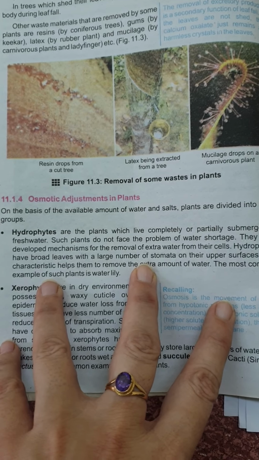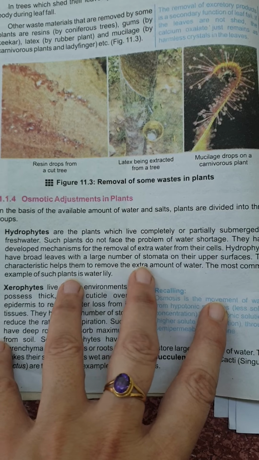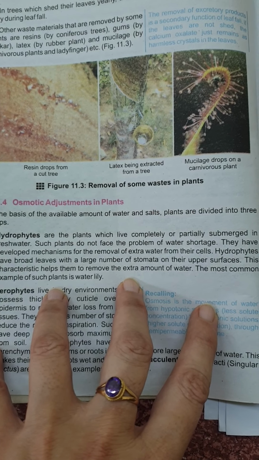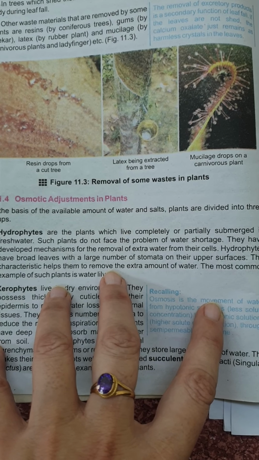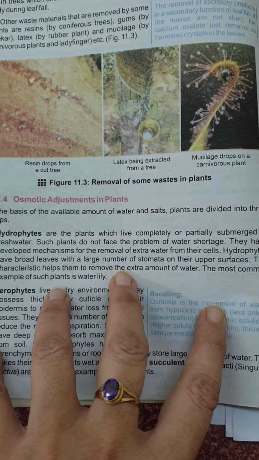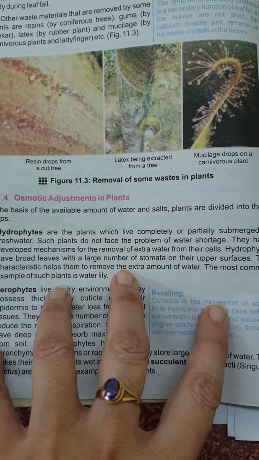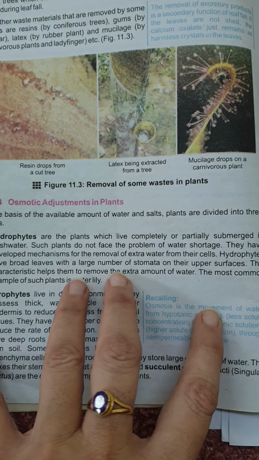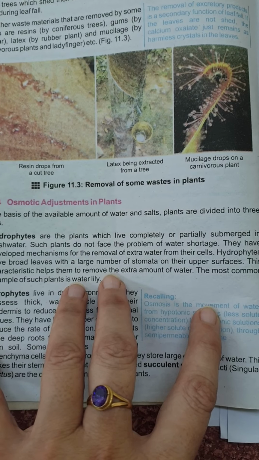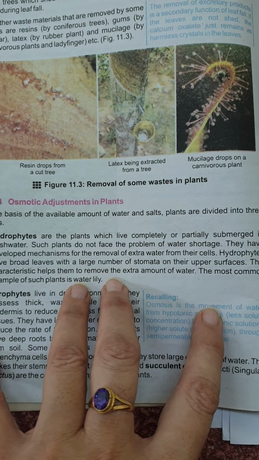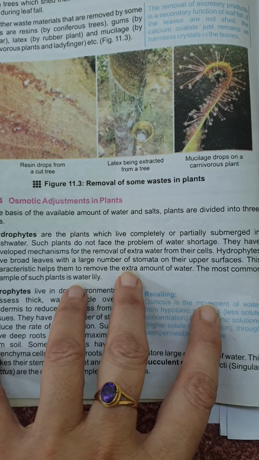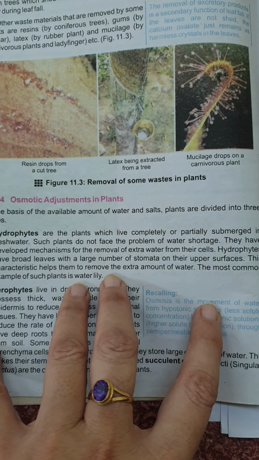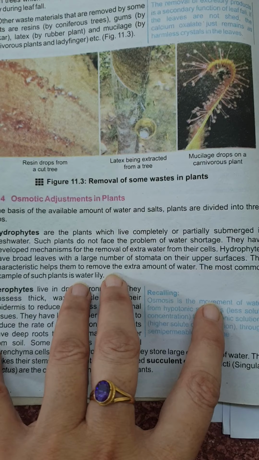Next, they remove extra water especially through their roots. They have large roots, and they have a juicy stem, through which sometimes they store extra water, and sometimes they have less root, through which they cannot take much water as compared to other plants.